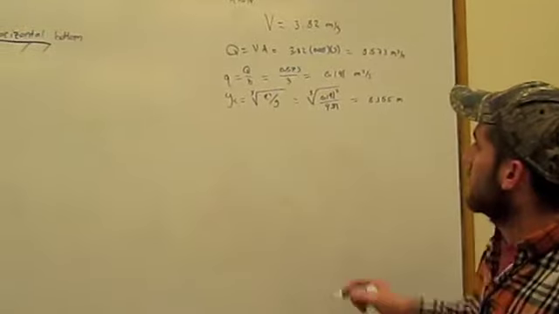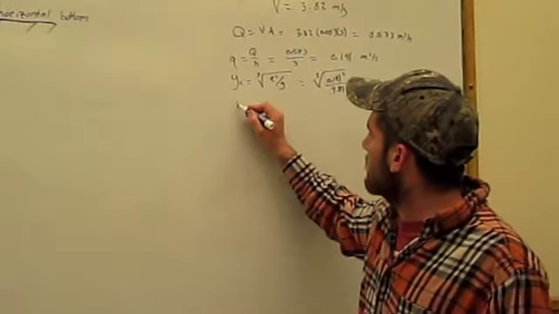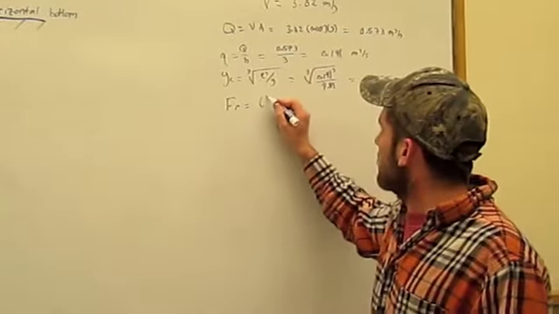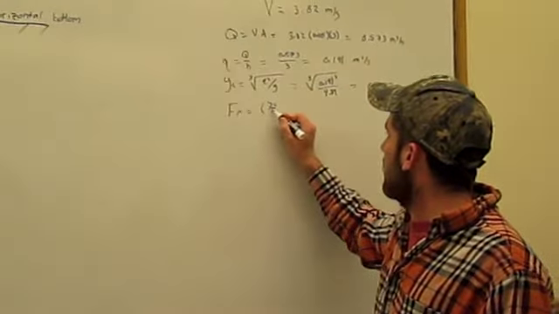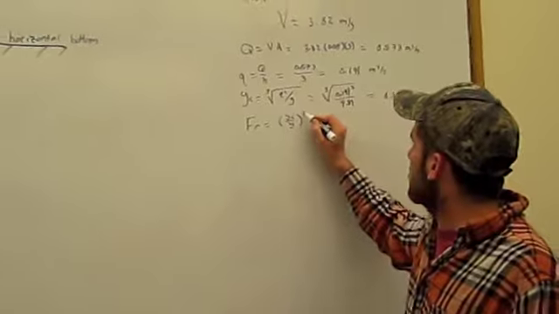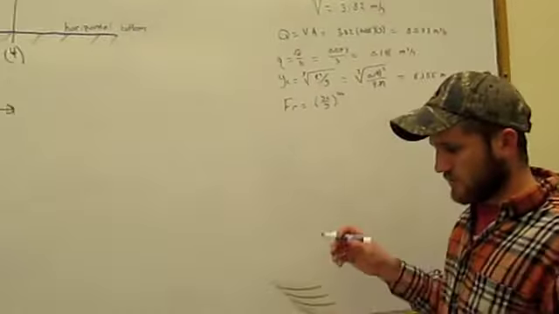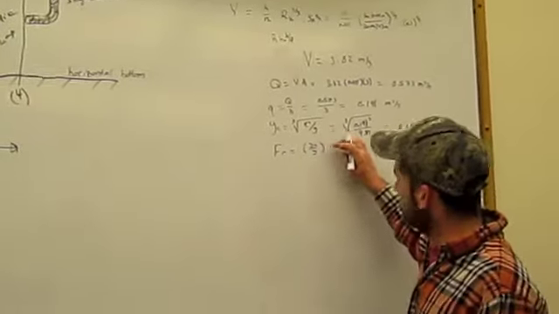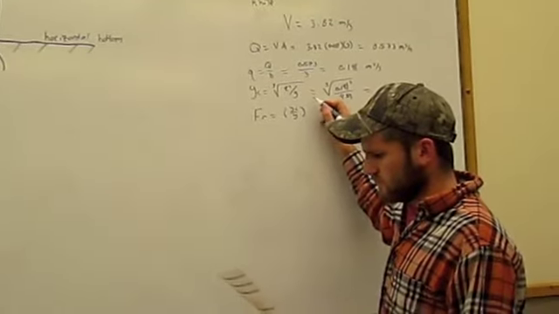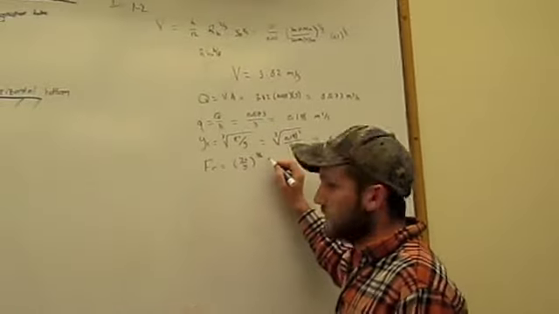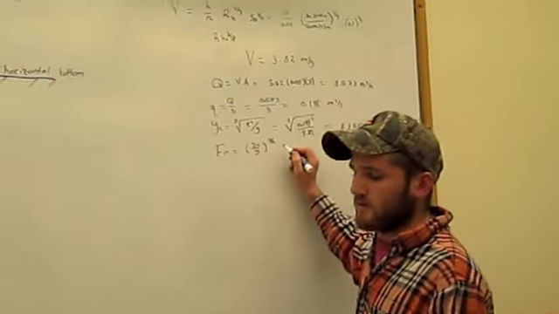From there we can get our Froude number, which is equal to YC over y to the 3/2. Sorry, 2/3. Great, it's 3 halves. Yeah, it's 3/2.